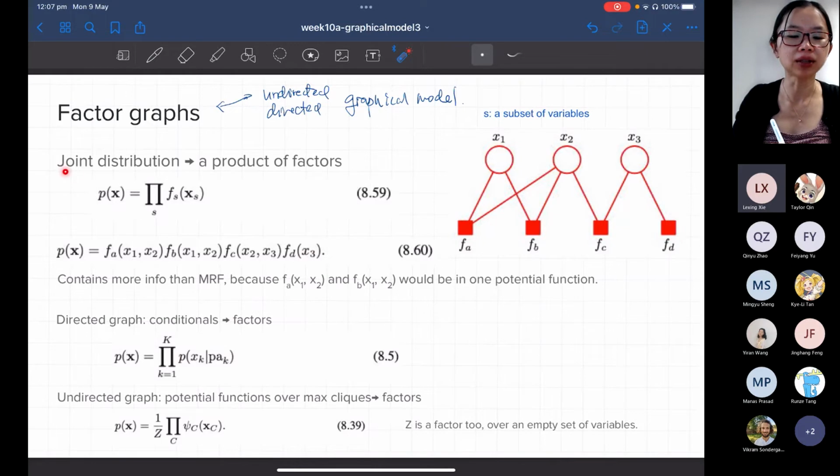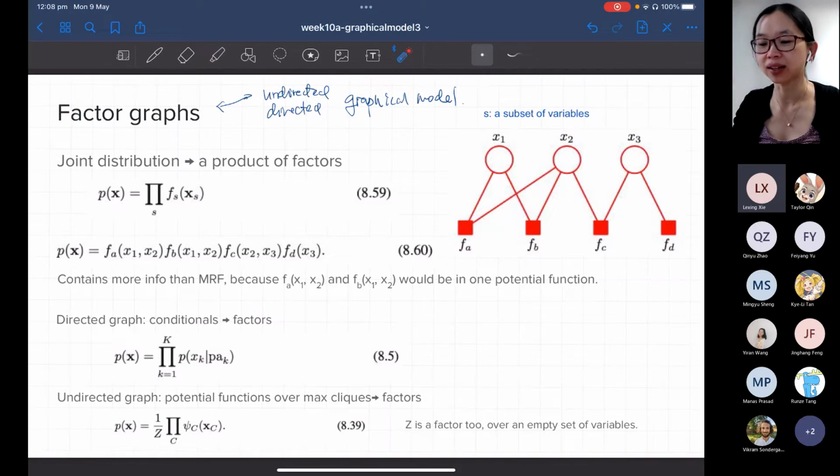The goal here is still to represent a joint distribution among a set of variables, denoted p of x. Here we represent it with a product of factors, rather than potentials or conditional probabilities as in the other cases. Let's simply denote each factor as f sub x_s of x_s, where the subscript s refers simply to a subset of variables.